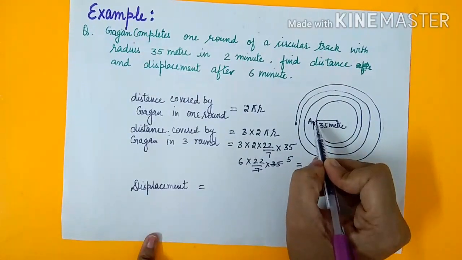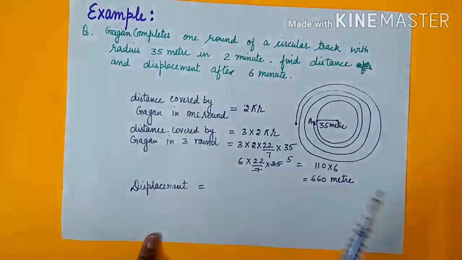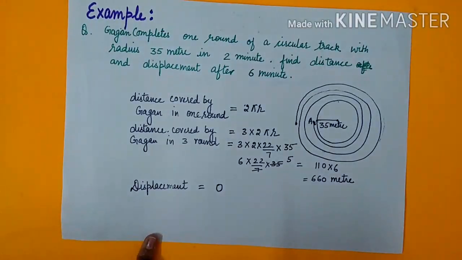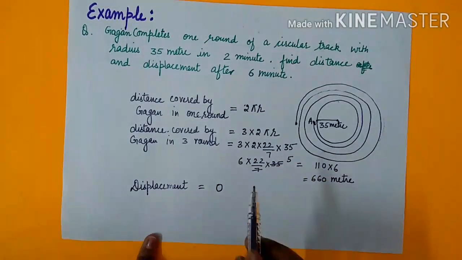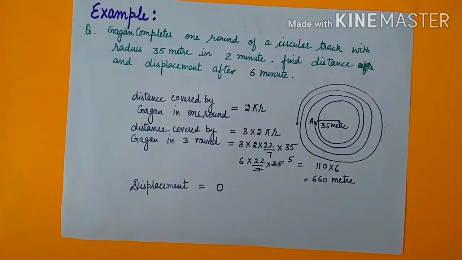So the initial point and the final point for Gagan are the same. So the displacement is 0. Clear? In this way, you can calculate the distance and displacement in this question.